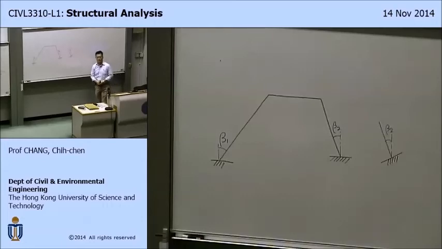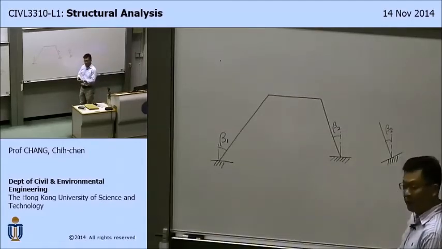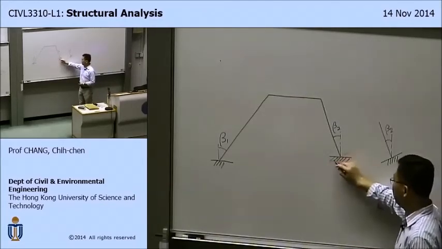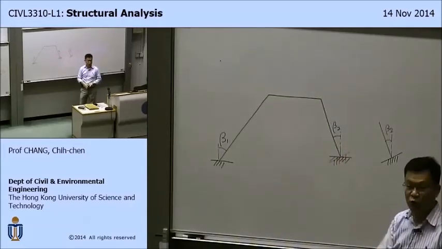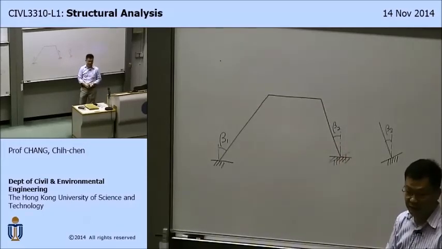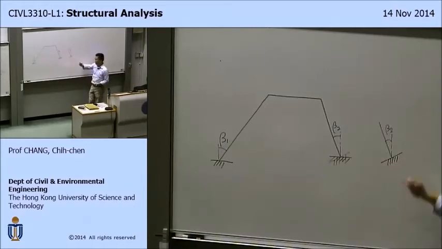Why? So the result, if I plot it like that or plot it like this, is exactly identical. Structurally, there's no difference, because there are three unknown forces associated with this: 1, 2, 3, right?